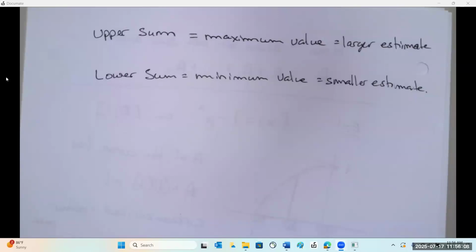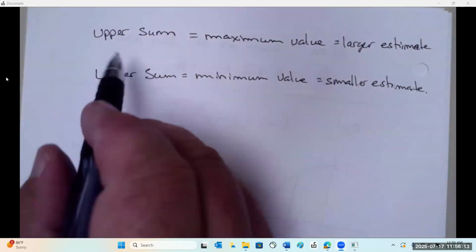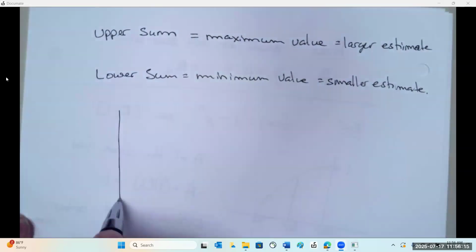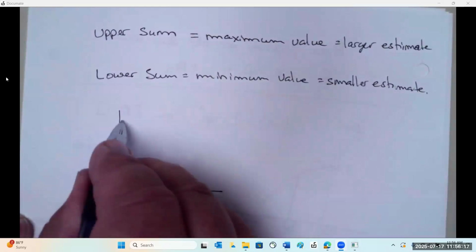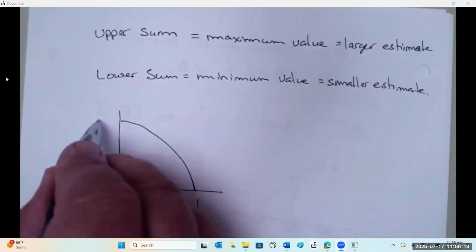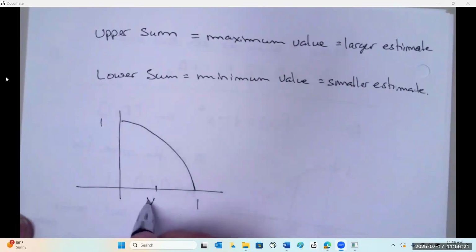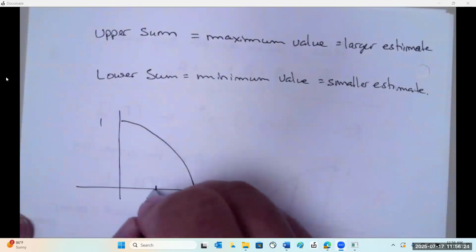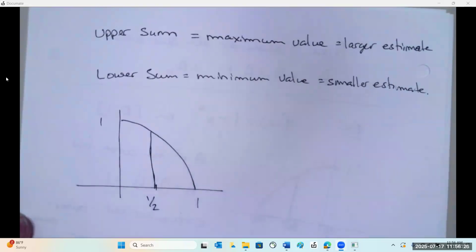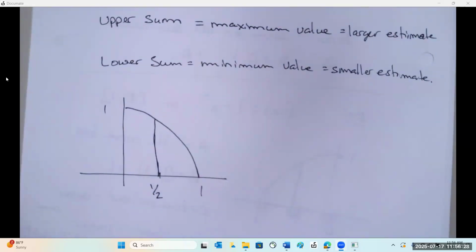So far, so good. So how do we find in our example, how do we find the upper sum?